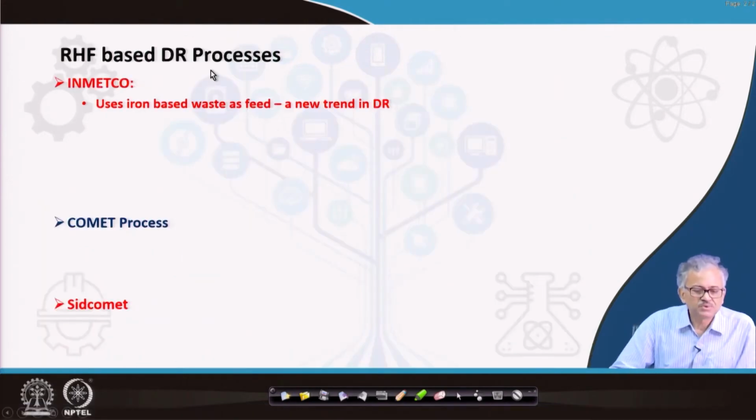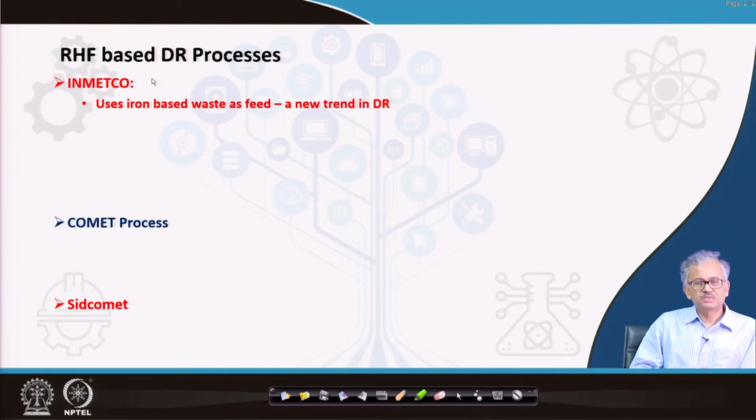So, for RHF based processes, I will just talk about some of them. One is called the Inmetco process. It is the International Nickel Company, they basically use this process, Inmetco. Basically, they have converted their process to sponge iron production. Initially, they used it to recover nickel, chromium and cobalt from iron bearing solid waste.